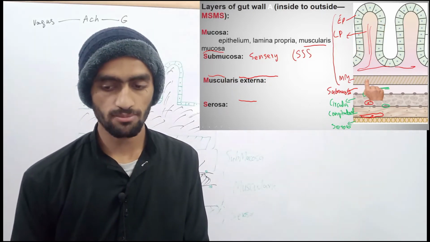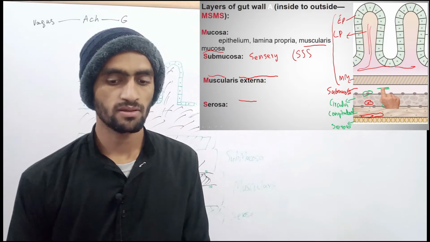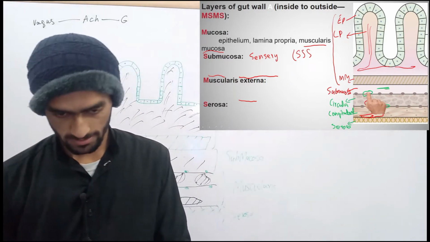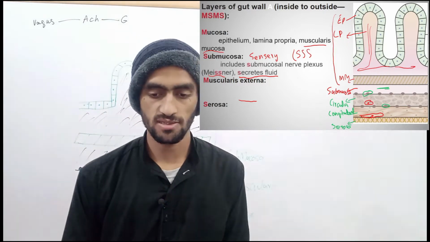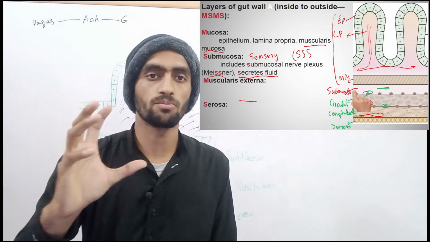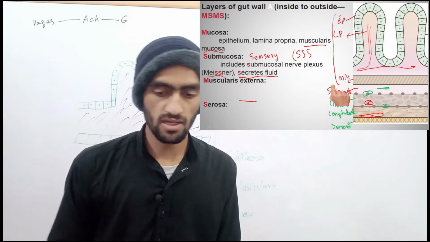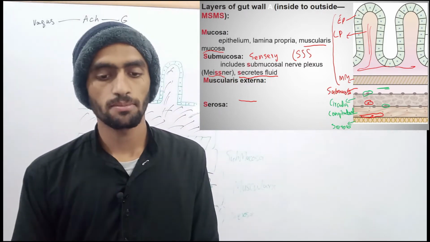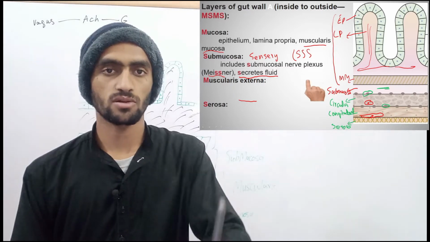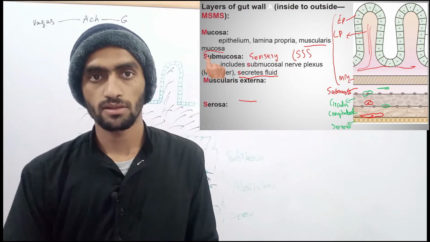Then this is your submucosa, which has the Meissner or submucosal nerve plexus. What is a nerve plexus? It's a group of nerves which are involved in the process of secretion. Why? Because the submucosa is closer to the mucosa.